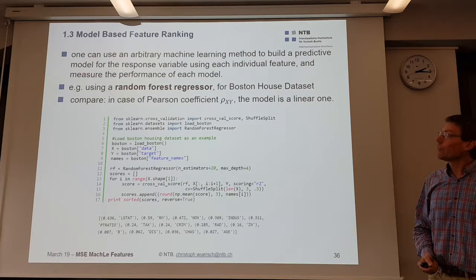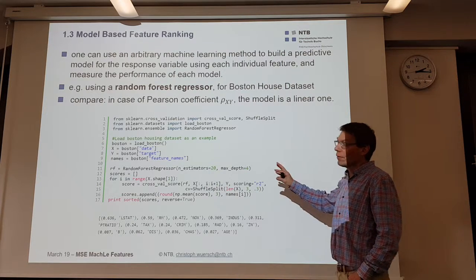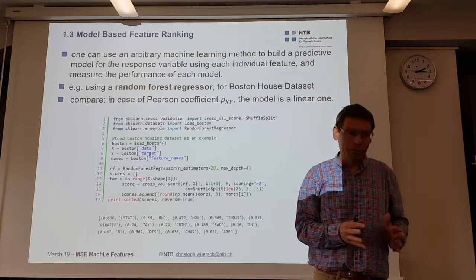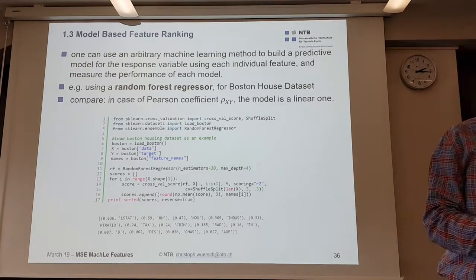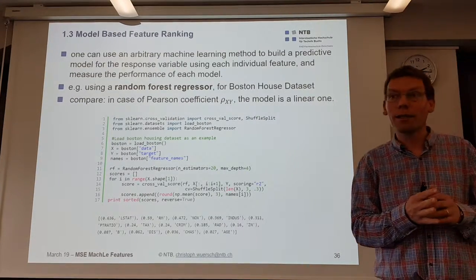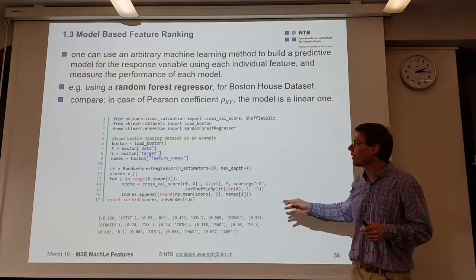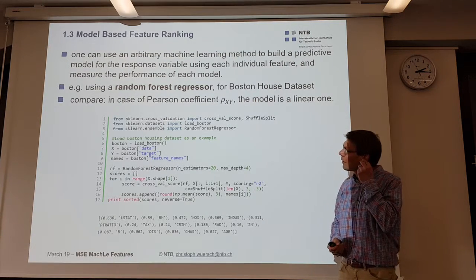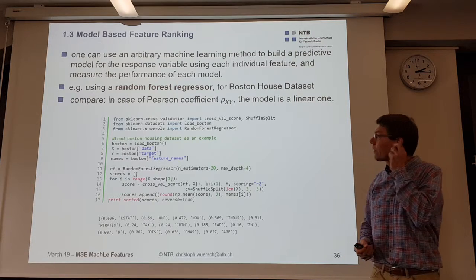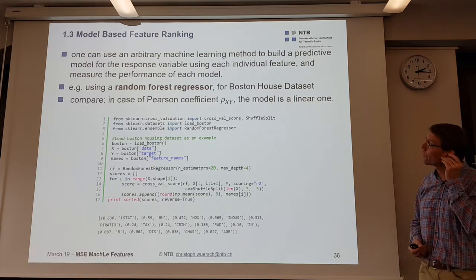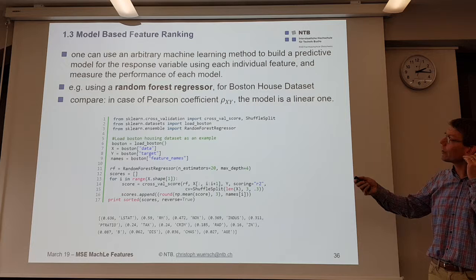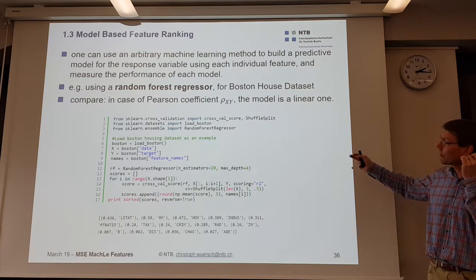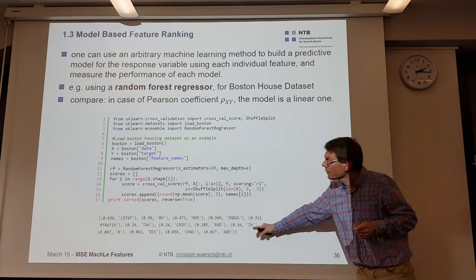We can also look at each feature itself, now with univariate selection, so we look at each feature independently by fitting a model based on this feature itself. Here I use a random forest regressor, for example, and look at the importance of these features.